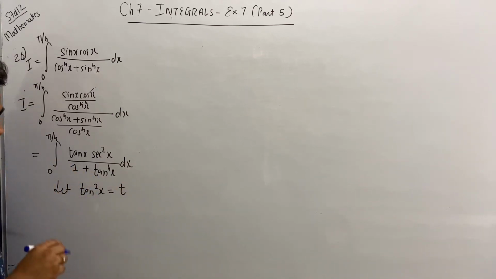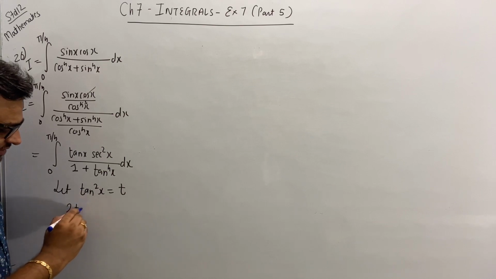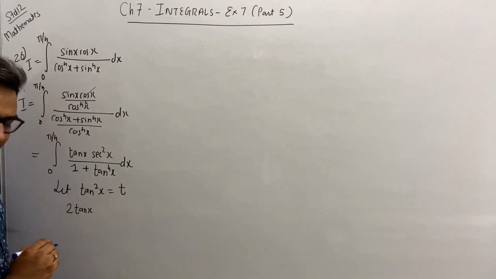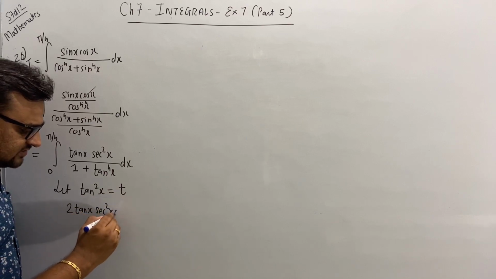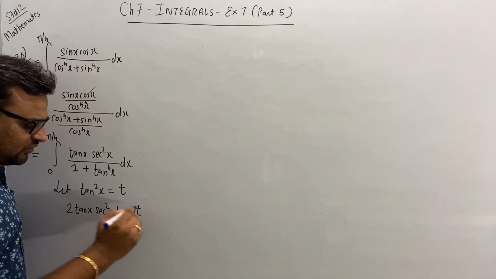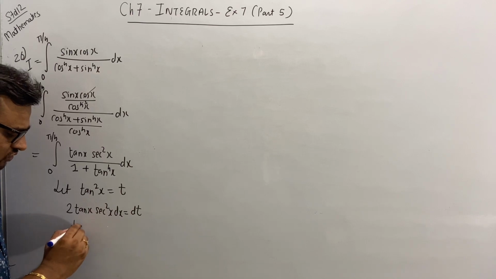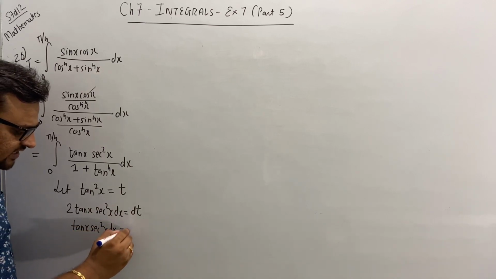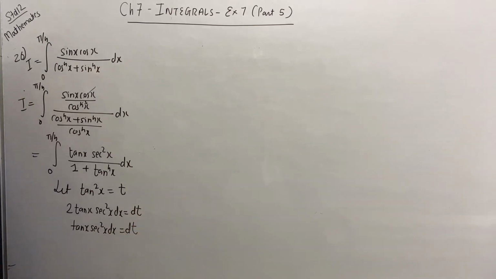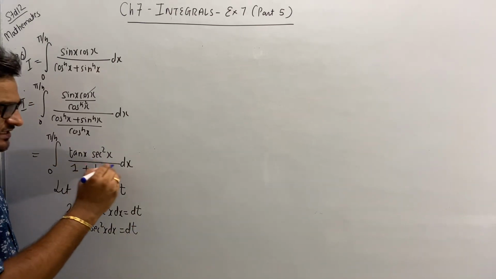Now when I differentiate it, 2 tan x into the derivative of tan x, sec square x dx will be equal to dt. So tan x sec square x dx will be equal to dt.